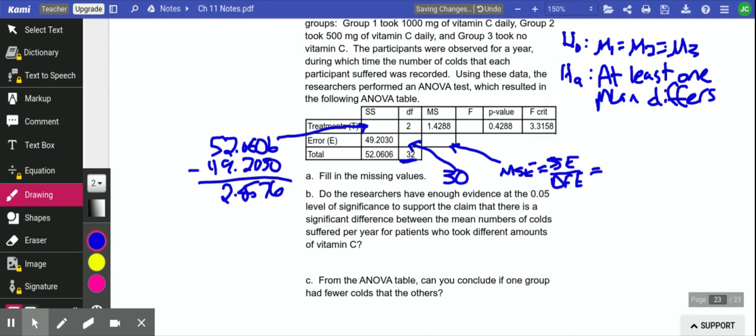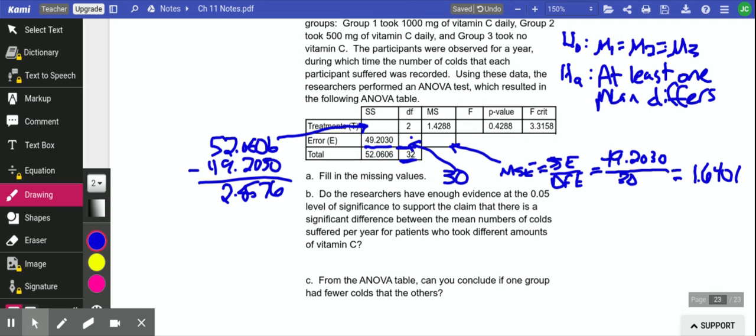So let's see, SSE is somewhere. Oh, it's right here, 49.2030. Degrees of freedom of E is this number right here that we just found, 30. So when you divide those two things, you get 1.6401.